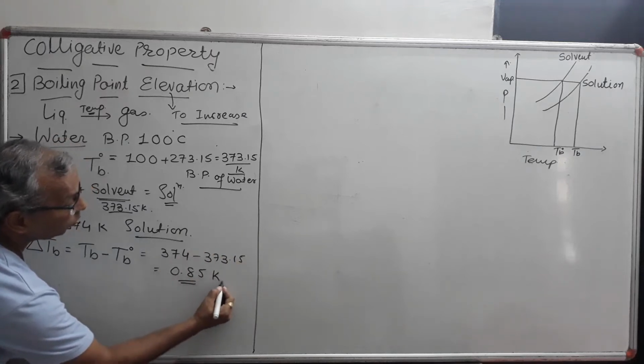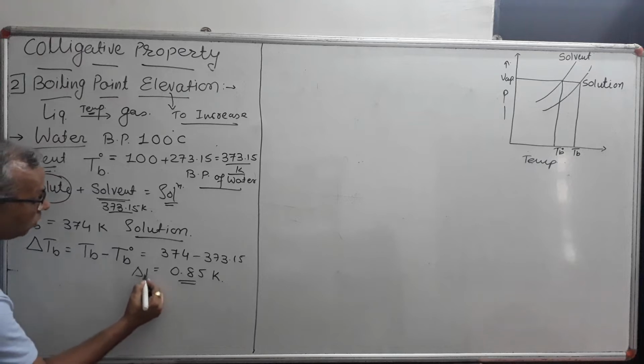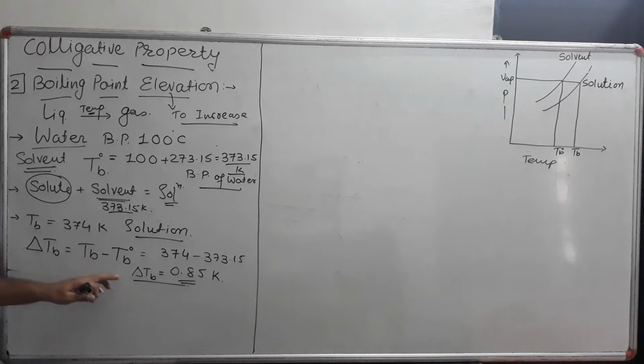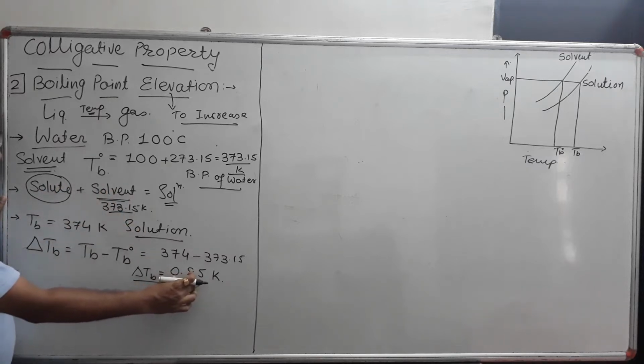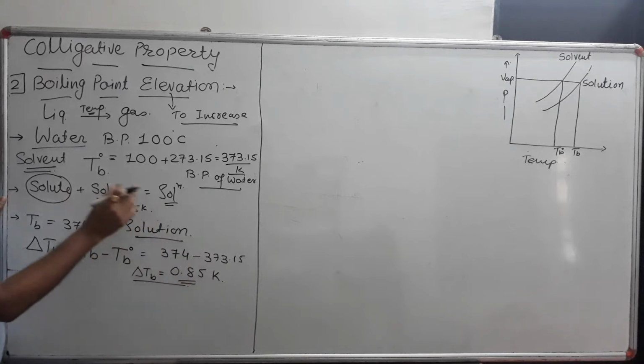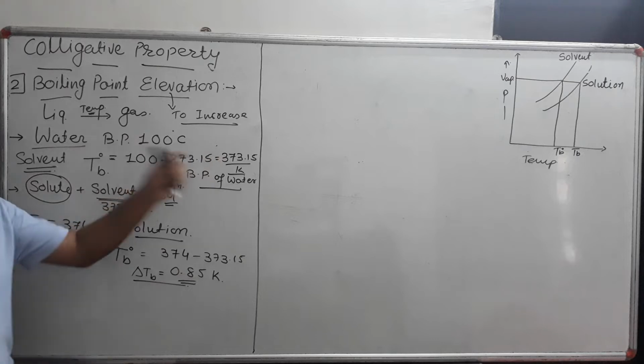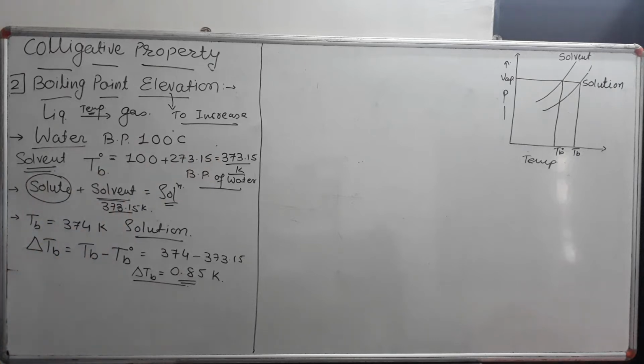Once again the unit is Kelvin, and that is called delta TB. This is called the elevation in boiling point. That means when we add solute into water, 0.85 Kelvin more temperature is needed to boil that solution than that of pure water. So this is called boiling point elevation, and that is denoted by delta TB.